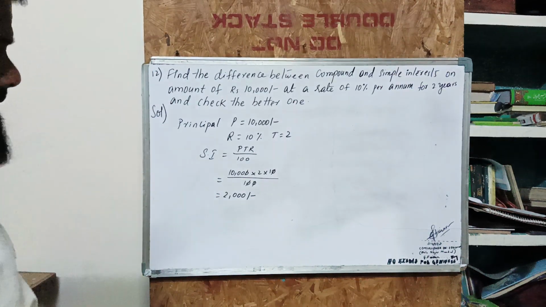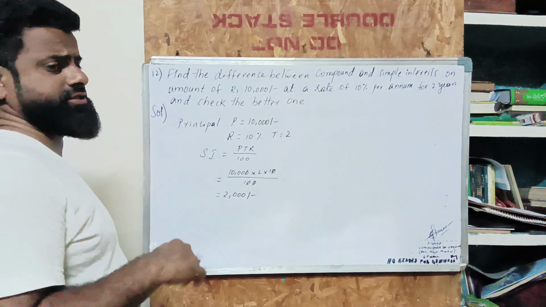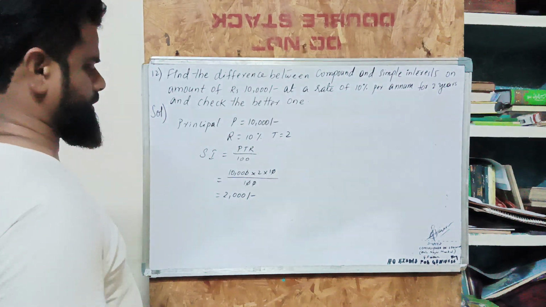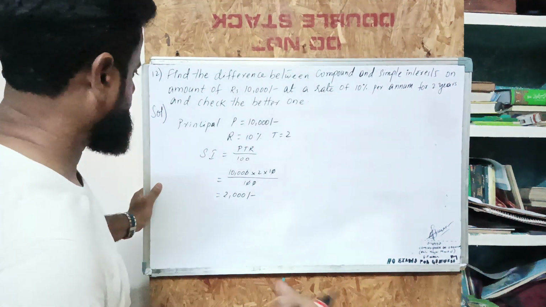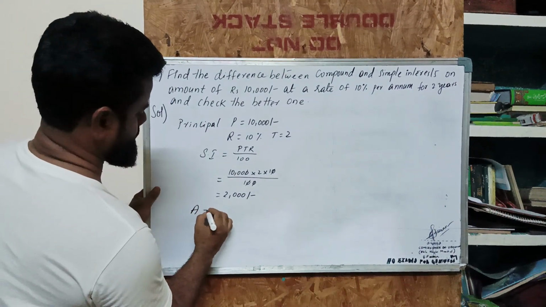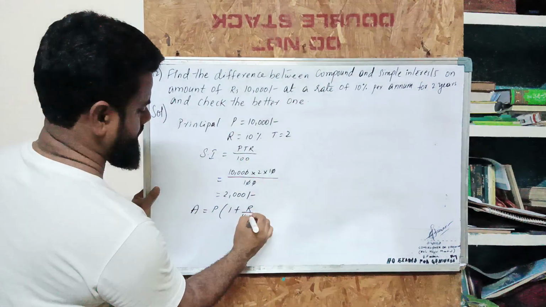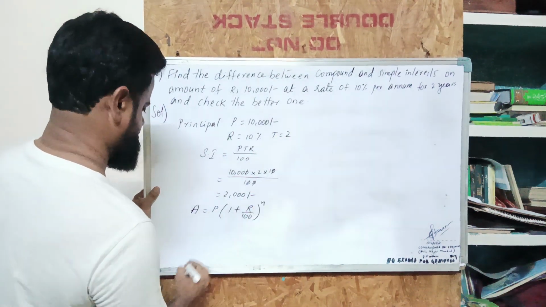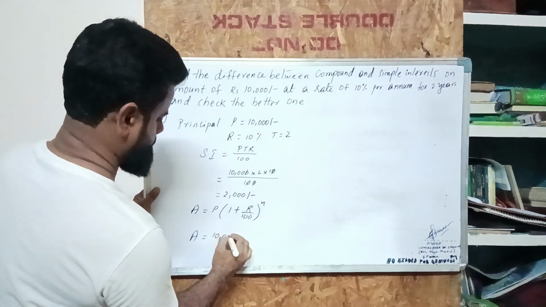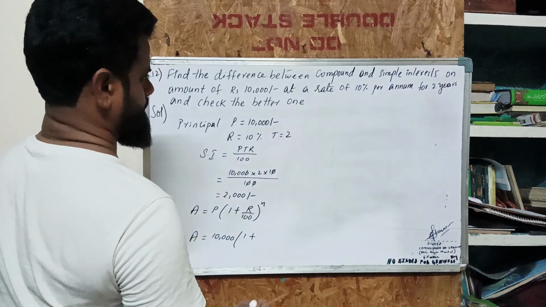Now for finding compound interest, we have to find the amount on compound interest, then only we will be able to find the compound interest. So amount is principal into 1 plus R by 100 to the power of N. So A is equal to 10,000 into 1 plus R. R is what?